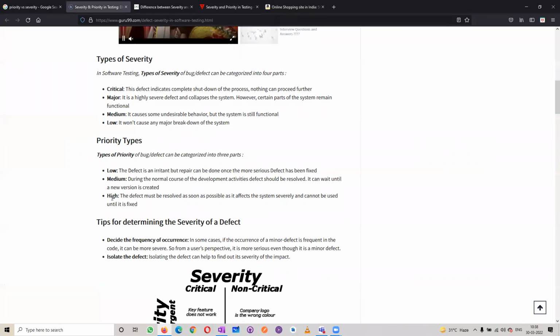So these are the bugs which are called high. It's 100%, for example, login functionalities, navigation functionalities. If you fix this, then only I can proceed further, or else I can't. It's mandatory that you do this, then only you should go. So that is what high priority is.